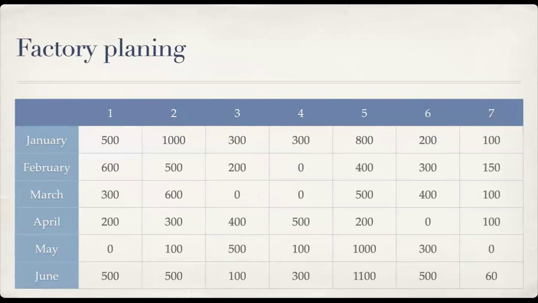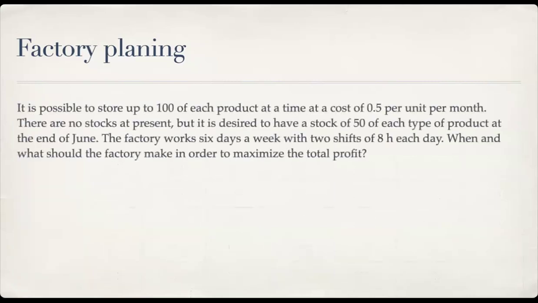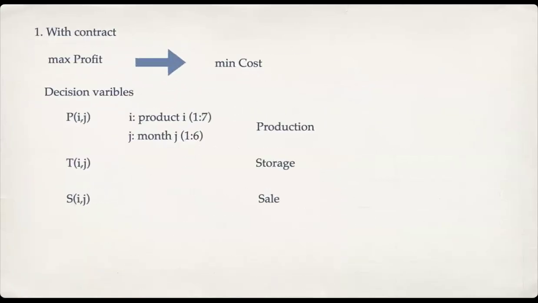We have to follow this table, this amount. So in that case our revenue becomes constant, because the revenue follows that table.